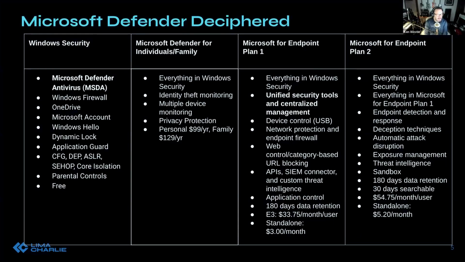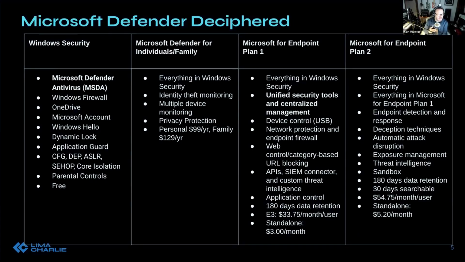Plan one, basically you get free with the E3 license, but I think that's challenging for a lot of folks because it's all built on users. It comes with a lot of other features, but then you have plan two and there are some additional things that go into it, like incorporating threat intelligence and all these other capabilities. I've found, particularly for MSSPs, that it's better for them to implement on their own because they have more control over it.